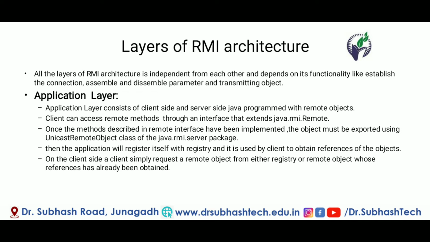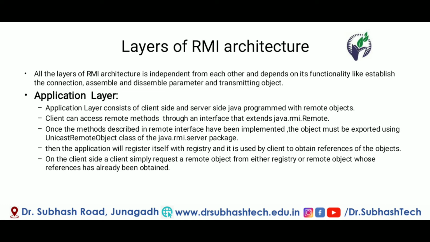So when you access those remote methods described in the remote interface, UnicastRemoteObject is used, and it is defined in the java.rmi.server package. After applying this UnicastRemoteObject, the RMI registry registers that UnicastRemoteObject and contains the reference of that remote object.